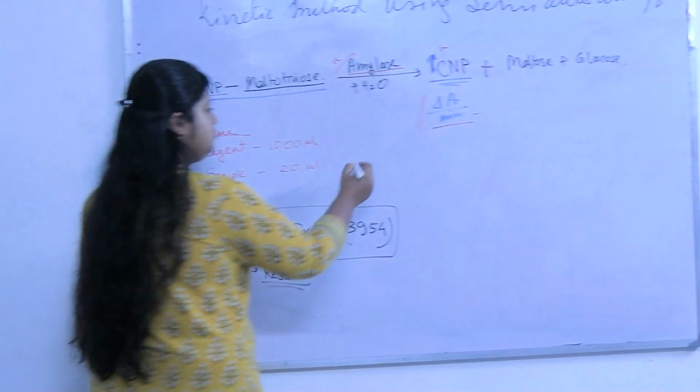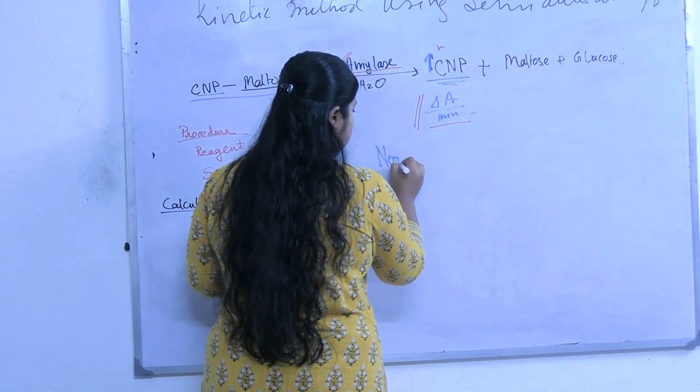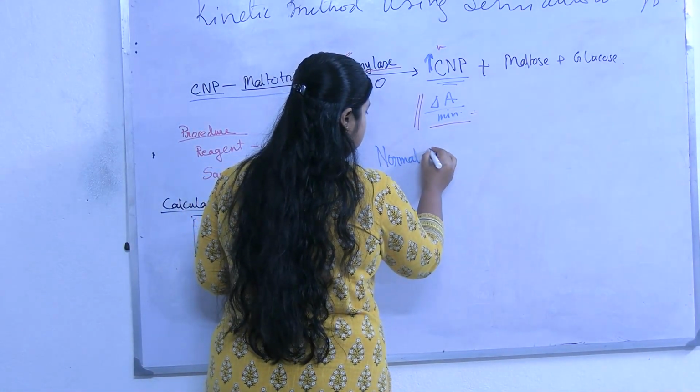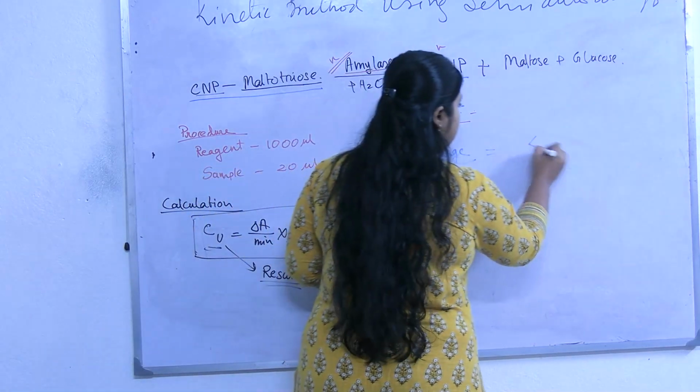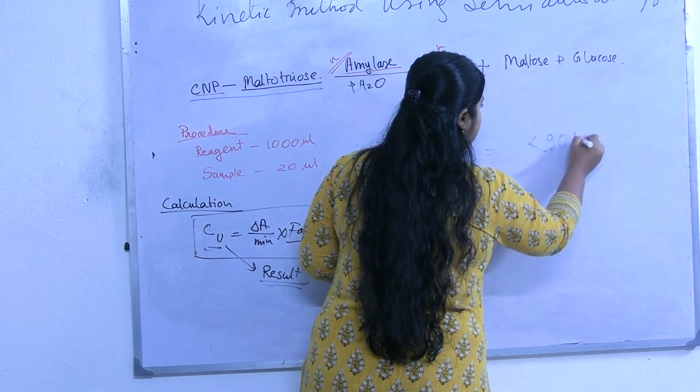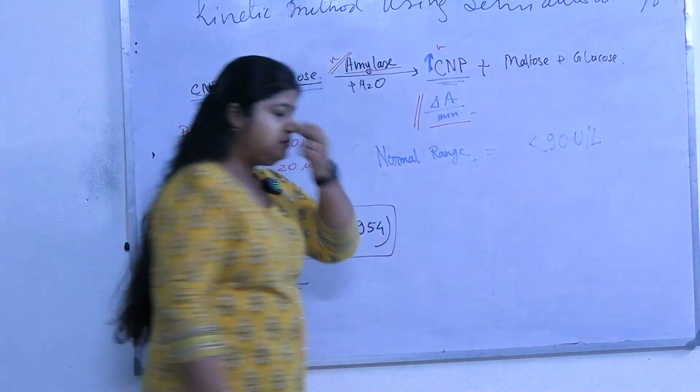How to interpret? We must know the normal range of amylase, serum amylase. What is the normal range of serum amylase? Less than 90 unit per liter.